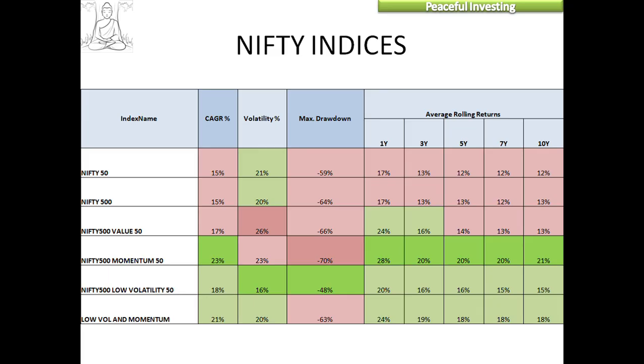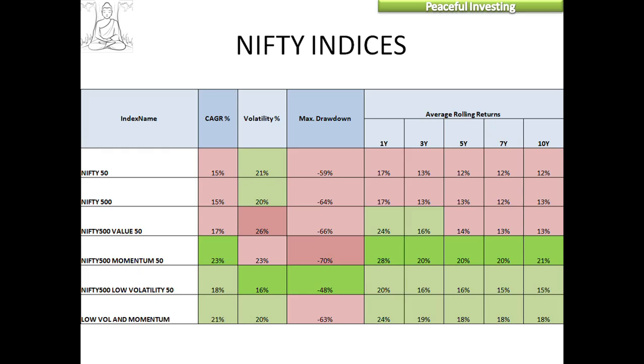This has given returns of 17% CAGR during the last 20 years or so, but with a very high volatility of 26% and a maximum drawdown of 66%. That means there was a time when 100 rupees invested in Nifty 500 Value 50 got down to 34 rupees, which is very drastic. This again happened during the global financial crisis of 2008.